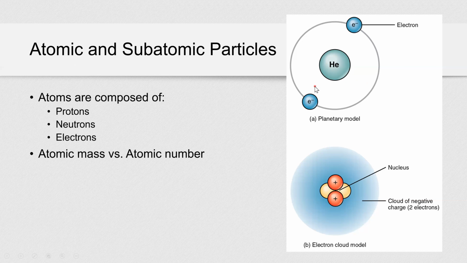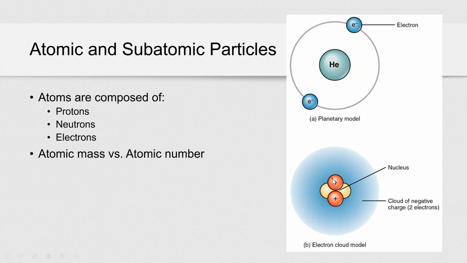It's not, however, precisely correct because electrons are not orbiting. They don't have a specific orbit like the Earth, for example, has, or the moon. So we can use what is called the electron cloud model, that is more accurate because electrons are found in a cloud around the nucleus.